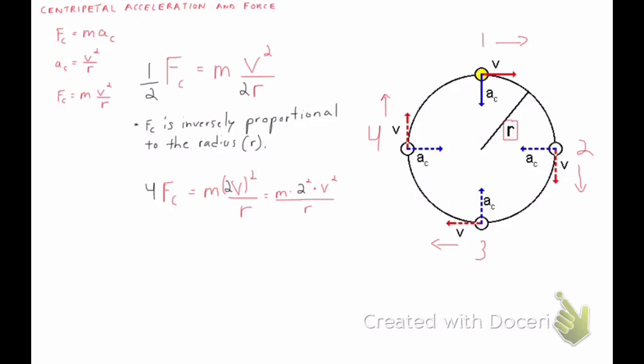Well, we doubled the velocity, but we quadrupled the force. So the centripetal force is directly proportional to the velocity squared.